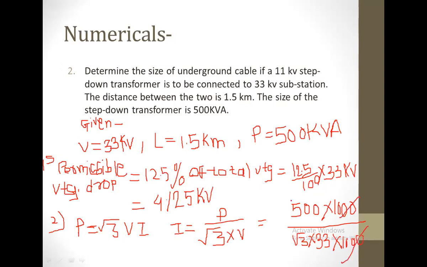This 1000 will get cancelled to each other. Then 500 divided by √3 into 33.